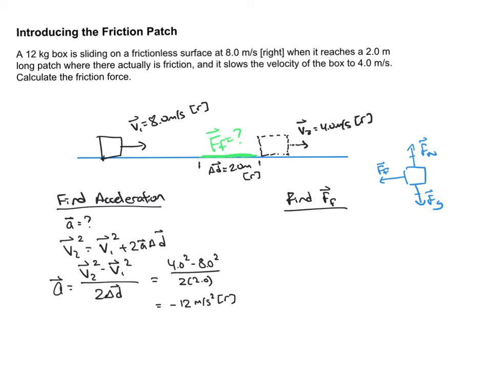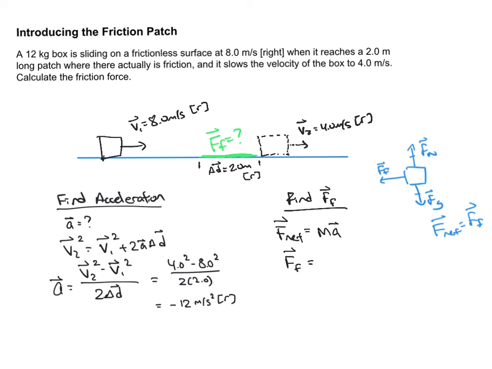I'll write that as a little sidebar here: the net force is equal to the force of friction. That's important to know because Newton's second law is a formula about net force. It says F net equals ma, or at least that's one version of the formula. And the net force can just be changed to the frictional force because they're the same in this situation.